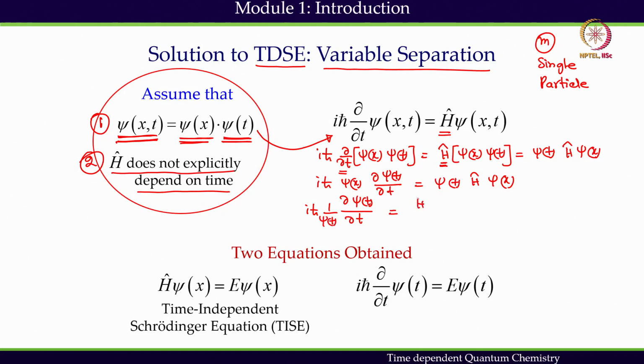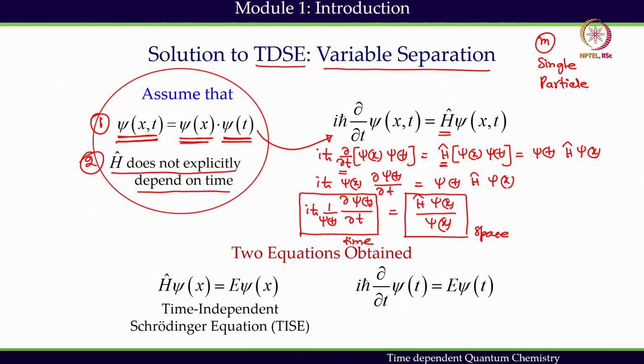equals. So, what I get is that I have managed to reconfigure TDSE in such a way that the left hand side of this equation is only time dependent and the right hand side is only space dependent. And time and space are independent variables in TDSE.